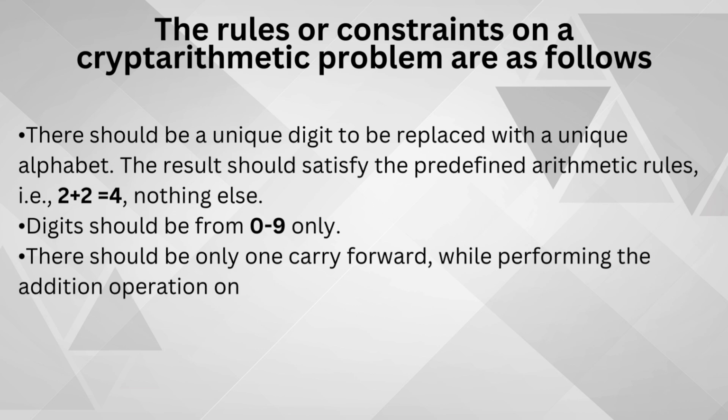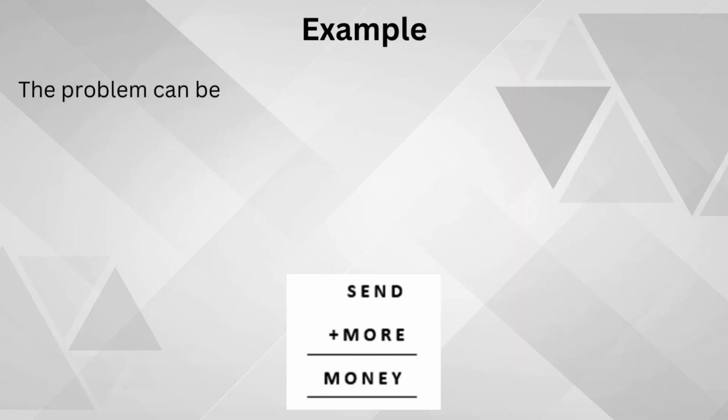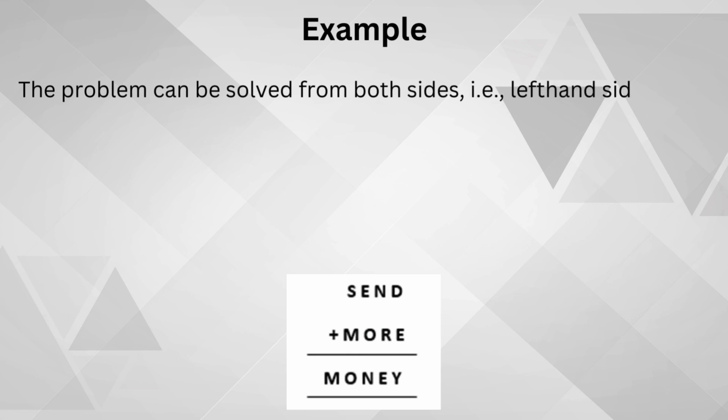For example, 2 plus 2 is equal to 4, nothing else. Digits should be from 0 to 9 only. There should be only one carry forward while performing the addition operation on a problem. The problem can be solved from both sides, that is left hand side or right hand side.